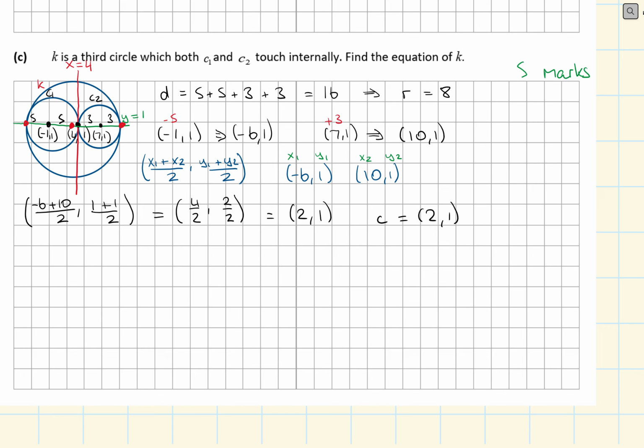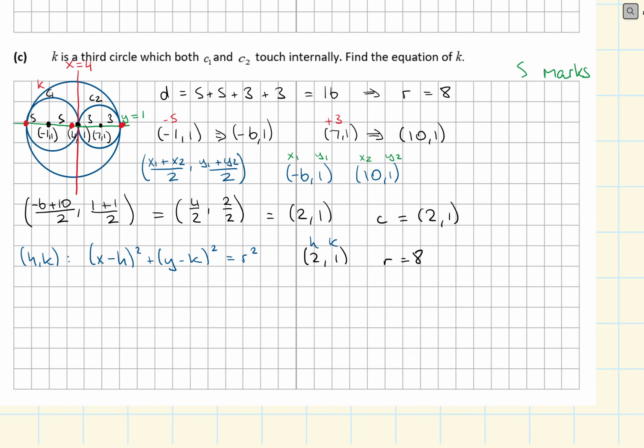A couple of options here in terms of how we sub into it. They don't specify the equation form, so probably easiest to use the h, k form. So that's (x minus h) squared plus (y minus k) squared is equal to r squared. My center I know is (2, 1). My radius is equal to 8.